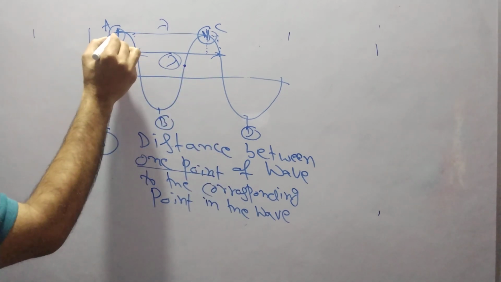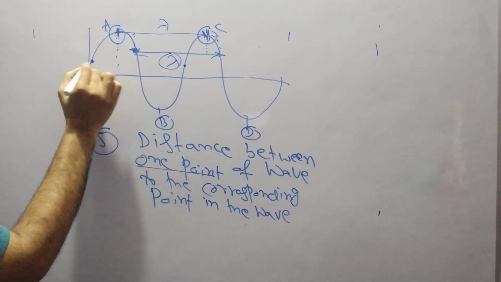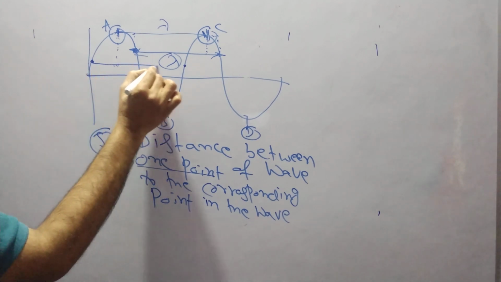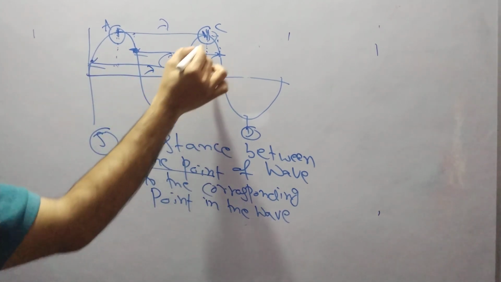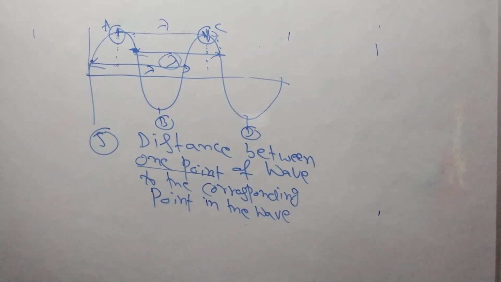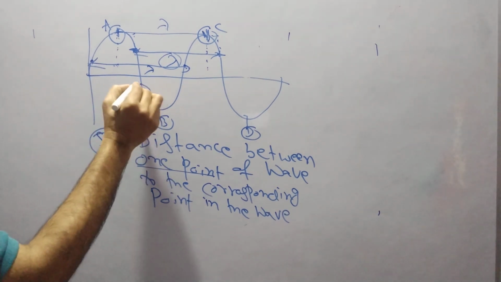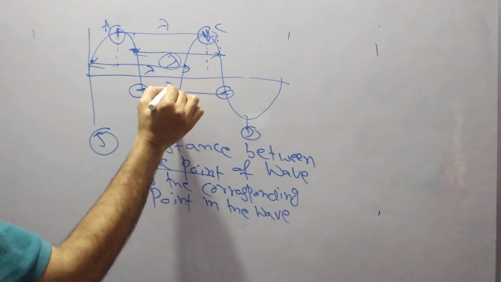Lambda starts here, but this length is added here, so from here to here is again lambda. This part is subtracted and this part is added. Here also you can take any point on the wave and the corresponding point will be this one, and this is known as lambda.